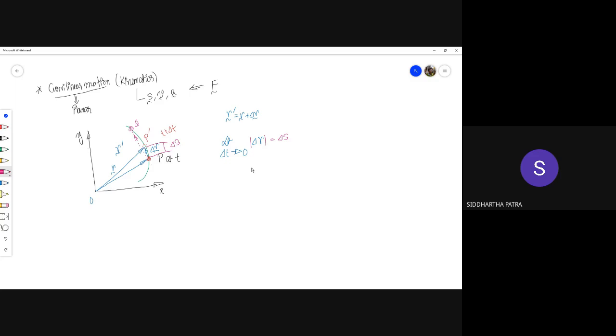Now we can define the instantaneous velocity as the limit delta t tends to 0 of delta r divided by delta t, which is essentially dr/dt, which is r dot. And if you are wondering what this quantity is, that quantity is simply the time derivative of each of the coordinates.